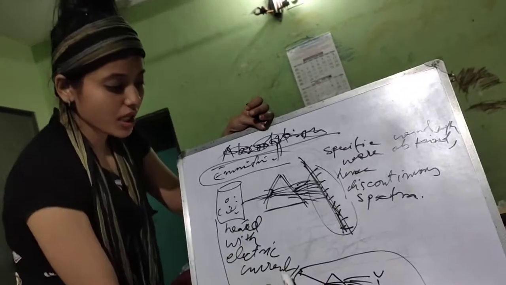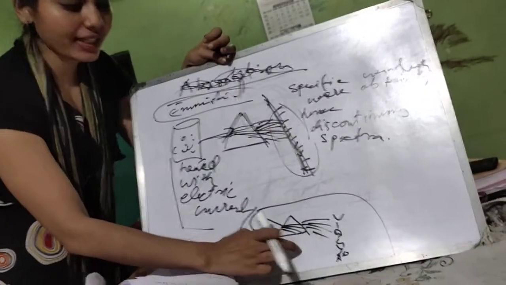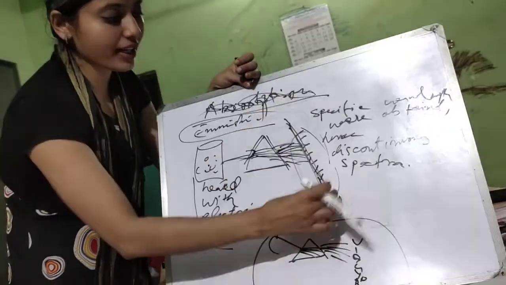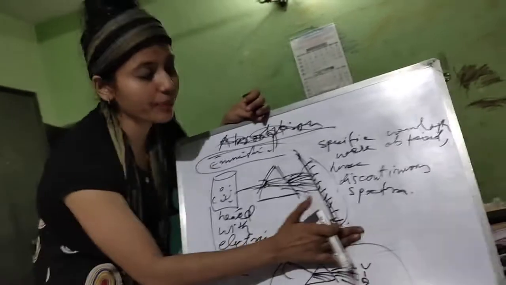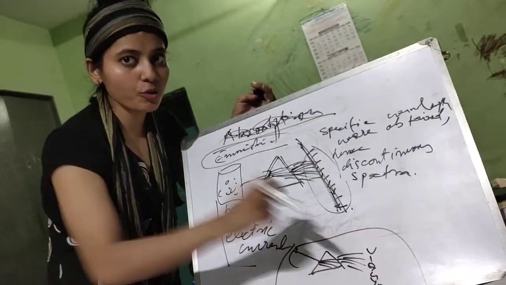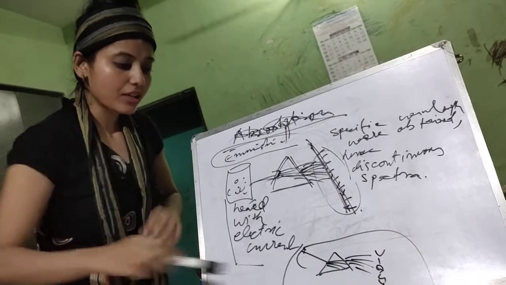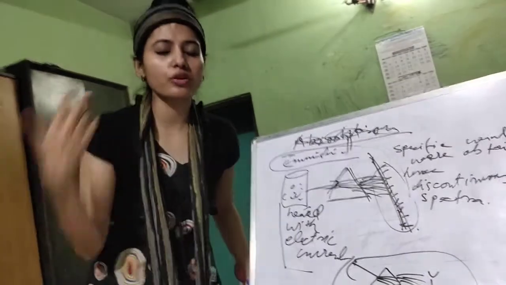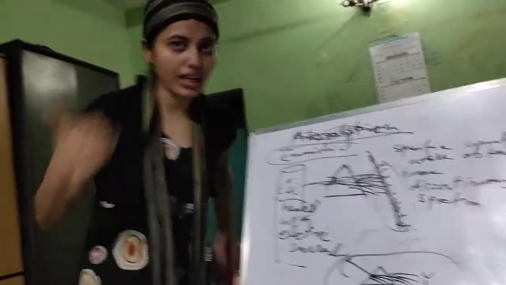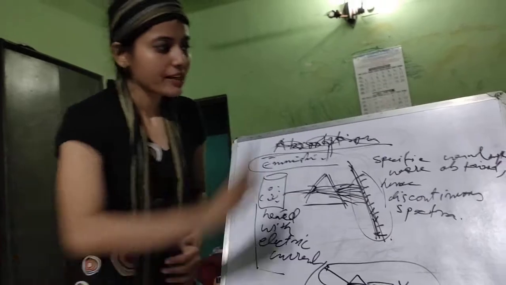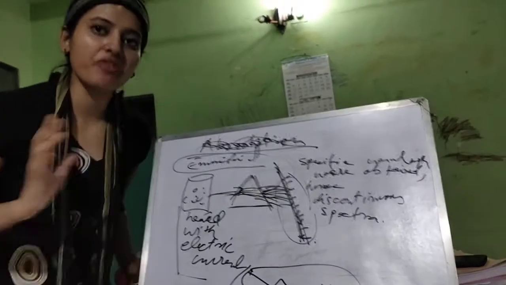Unlike the continuous spectra in case of white light, the wavelengths obtained on the screen are not continuous, they are discontinuous. Discontinuous means, suppose 4001 wavelength is there, 4002, 4003, 4004 wavelengths won't be present. Serially they are not going to be present. Few will be missing. Specific wavelengths could be found.